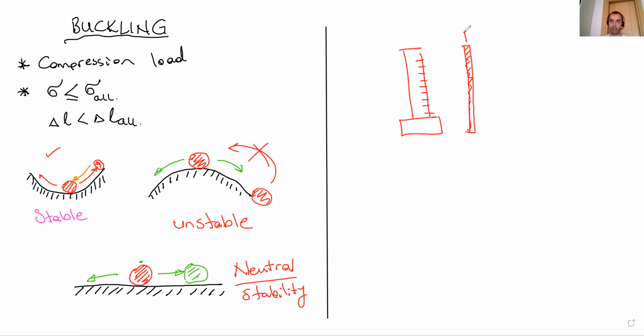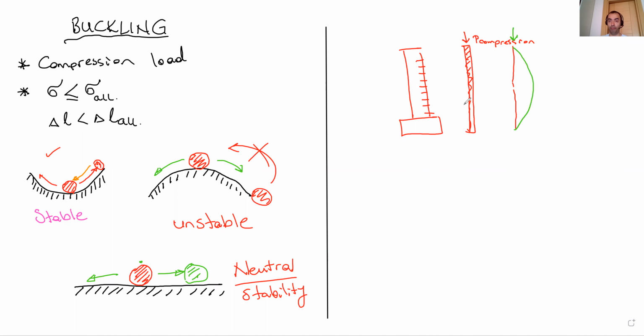If we apply a compression here, it is going to get this curved shape. When this ruler gets a certain amount of compression, it is going to fail. This is the compression capacity.